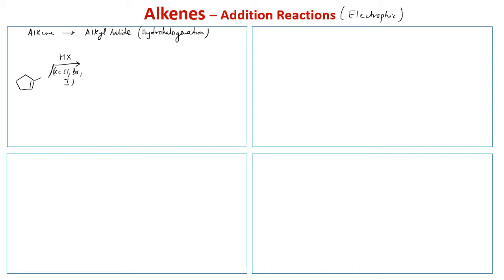Now, when we react an alkene with an HX, you get an alkyl halide. In this particular case, we will get the halogen at the more substituted carbon. Notice how for the alkene that we started with, of the two carbons that were part of the double bond, there was one carbon which is more substituted and the other carbon which is less substituted.